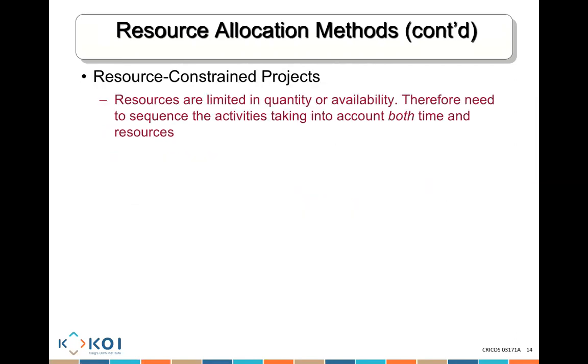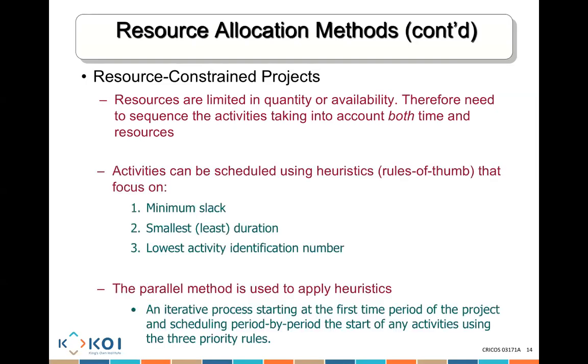Now, resource constrained project. Resources are limited in quantity or availability. Therefore, we need to sequence the activities taking into account both the time we need to complete by and the resources that are available. So you need to think about both.